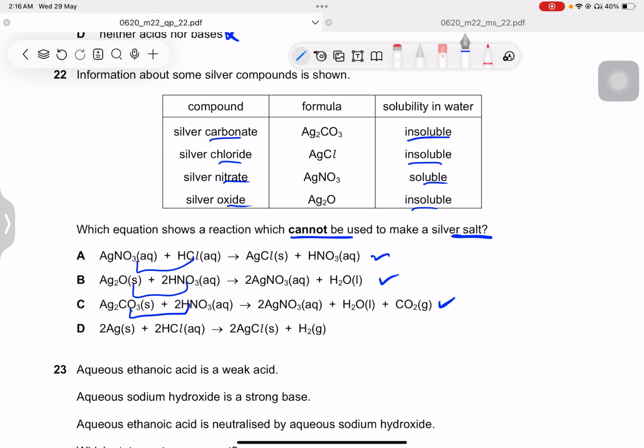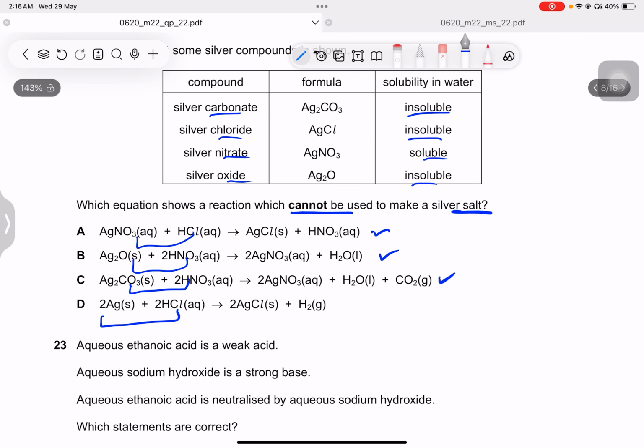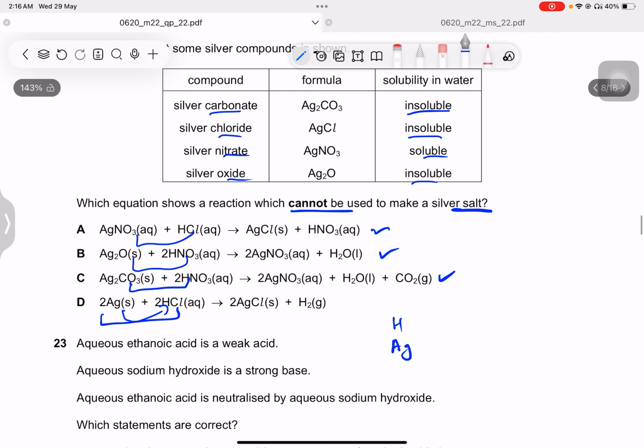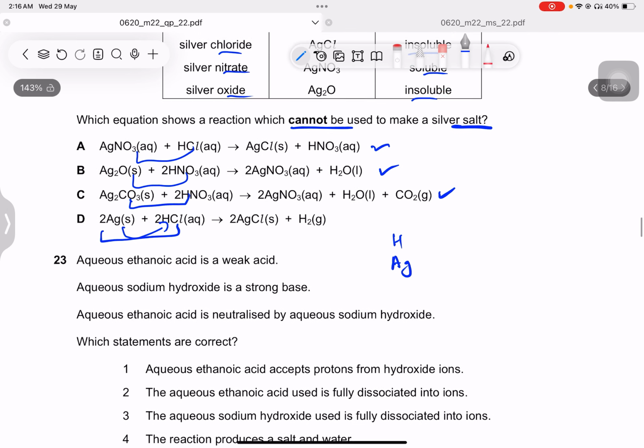There's no problem with these reactions. But here we have the reactivity series problem. Ag cannot displace H because it lies below hydrogen in the reactivity series. So silver cannot displace hydrogen. It is less reactive than hydrogen.